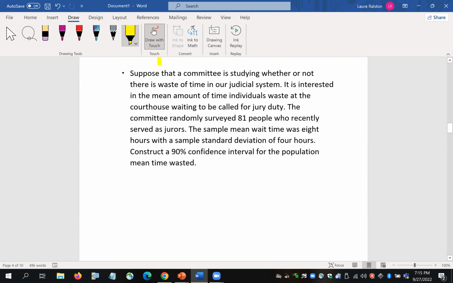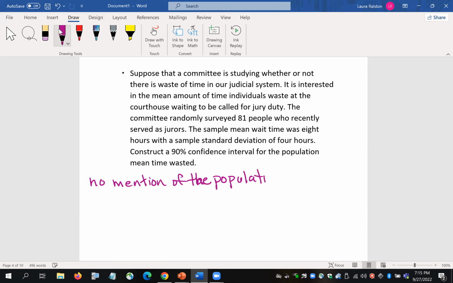But notice in this problem, nowhere does it mention a population standard deviation. So there's no mention of it, it really should be the population standard deviation.